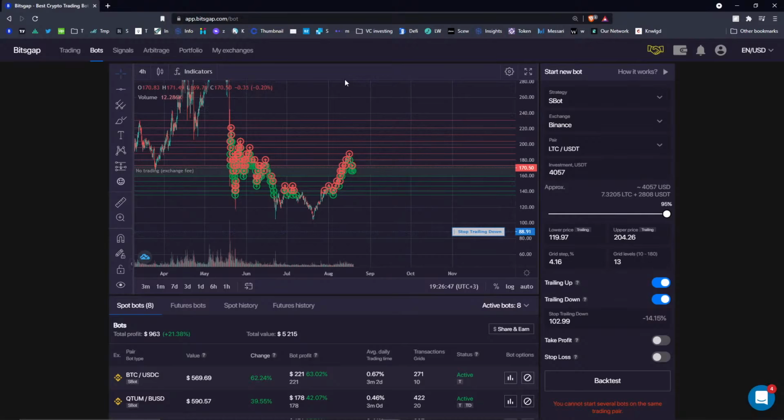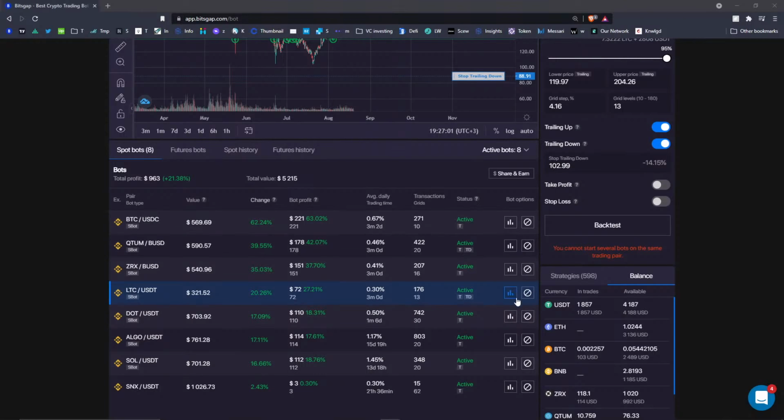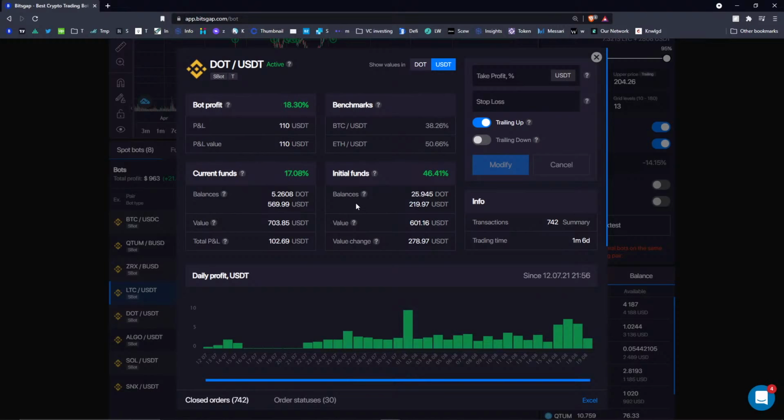So what else do we have here? As for the visual improvements and bot performance, once again, the best feature in my opinion is that you can really see if the strategy pays off.